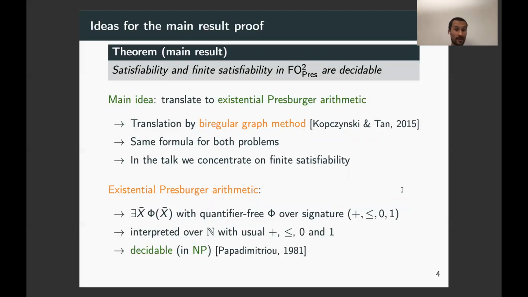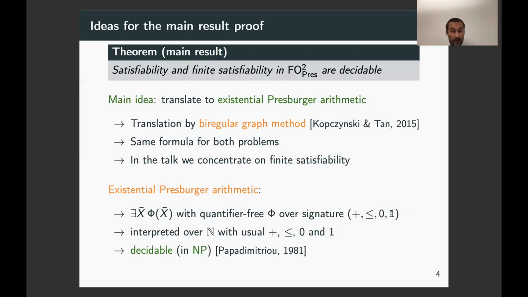Importantly, we have the same Presburger formula for both satisfiability and finite satisfiability. So in the rest of the talk, we concentrate only on finite satisfiability. All right, and briefly, what is this existential Presburger arithmetic? I'm sure everyone knows, but anyway: there exists x phi of x, where phi is a first-order logic quantifier-free formula over the special signature plus, less than, 0 and 1.